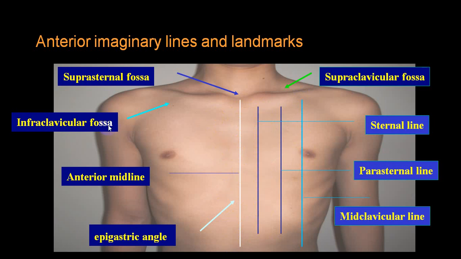Below the clavicle, we use the word infraclavicular fossa. And at the xiphisternum, the angle made by the two costal borders is called the epigastric angle, costal angle or subcostal angle. So these are the few words utilized for anterior landmarks.